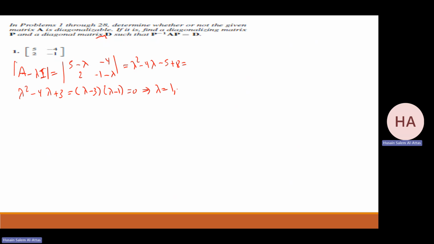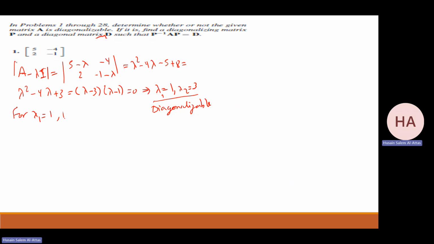So lambda 1 equals 1 and lambda 2 equals 3. For sure it's diagonalizable, since the eigenvalues are distinct and real. So let me find the eigenvectors.